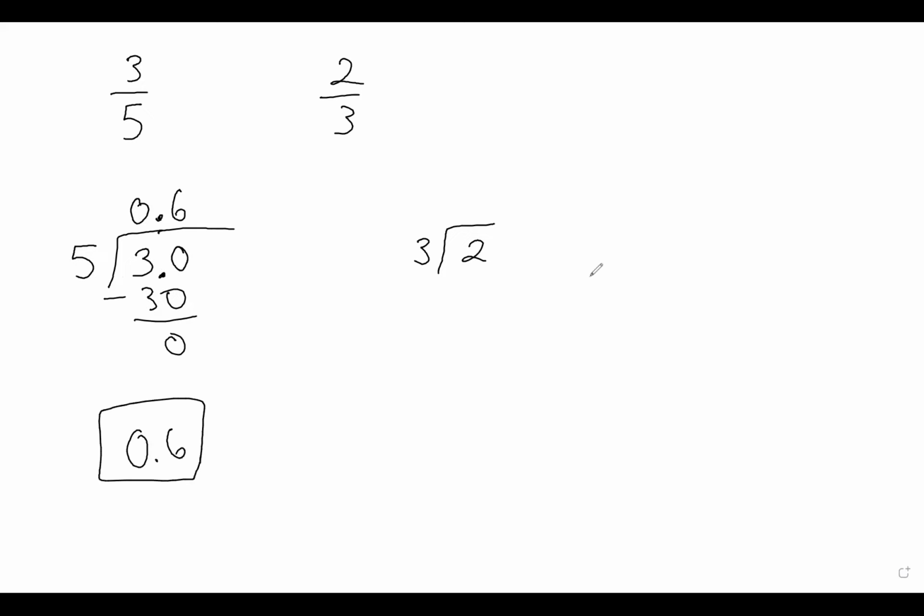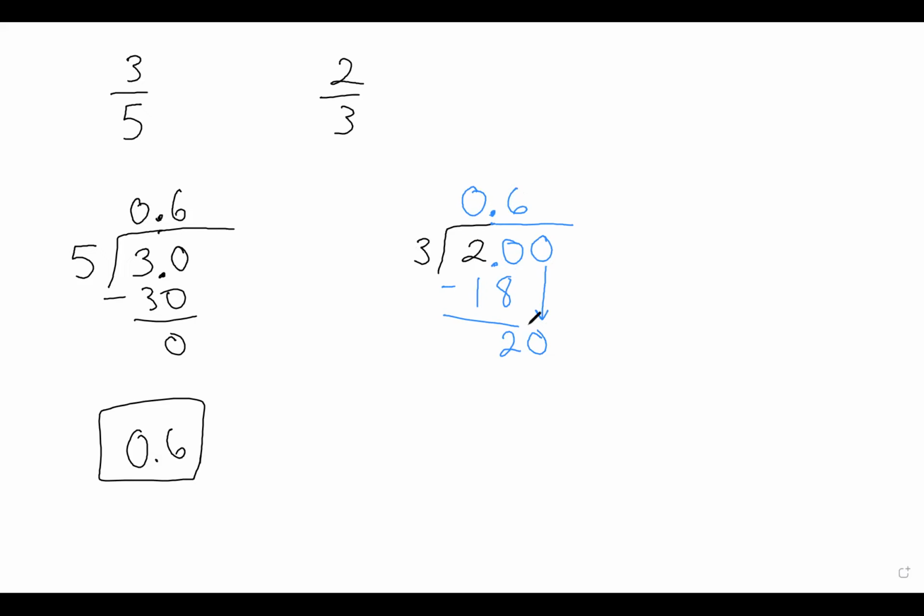Now let's move to our second fraction over here, 2/3. 2 divided by 3. Okay, so 3 doesn't go into 2, so I'm putting a 0, just like the last problem, lining up a decimal point, adding another 0 after the 2. How many times does 3 go into 20? Okay, that's actually also 6 times. 3 times 6 is 18. I'm subtracting, getting a remainder of 2. Now I don't really want a remainder with decimals, so let's add another 0 and bring it down and see what happens next.